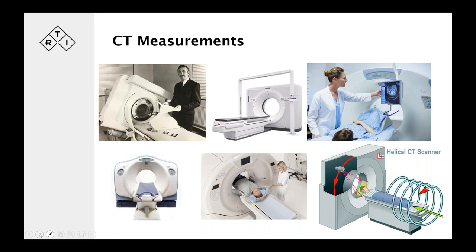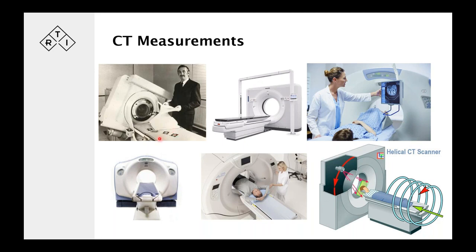Of course, at the beginning, you had sequential axial scans in the first versions of the CT scanners. You'd make one slice, advance the table, make one rotation, advance the couch or the table.